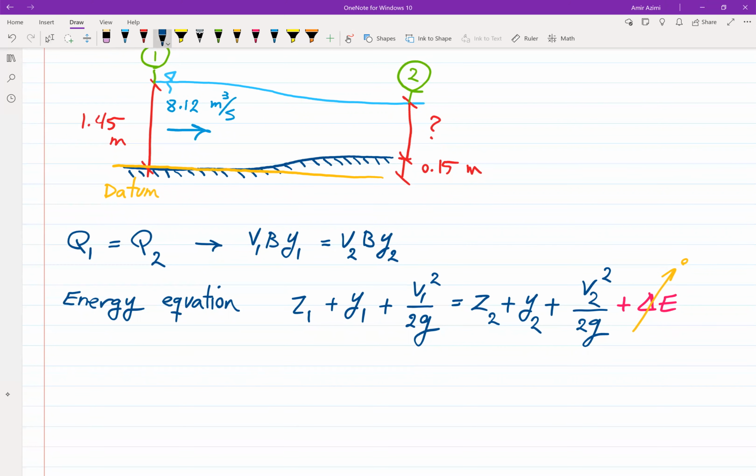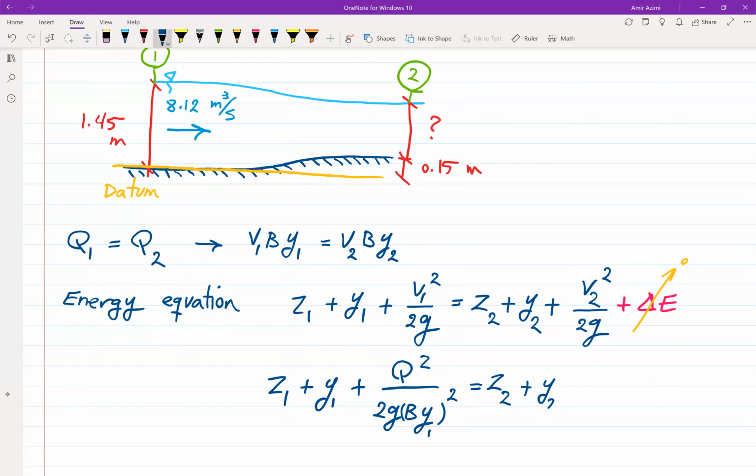So I can rewrite energy equation in form of Z1 plus Y1 plus Q squared divided by 2G B Y1 square is equal to Z2 plus Y2 plus Q squared divided by 2G B Y2 square.